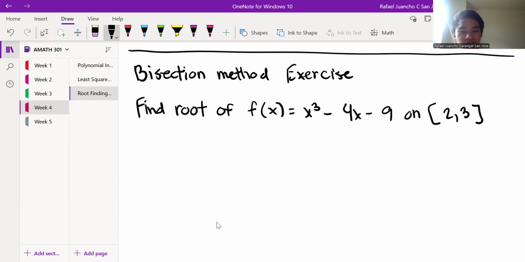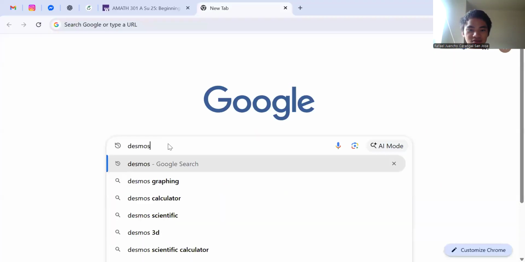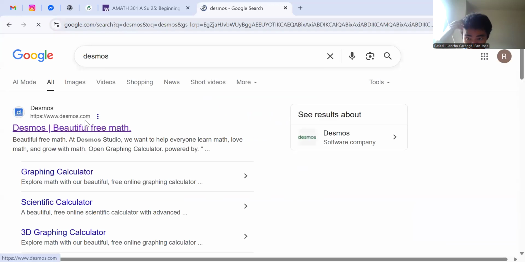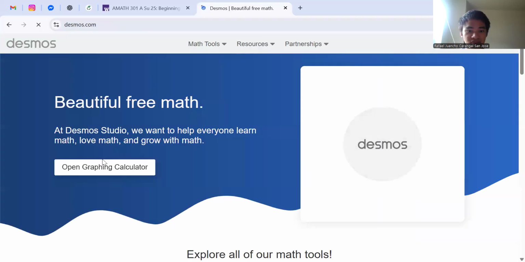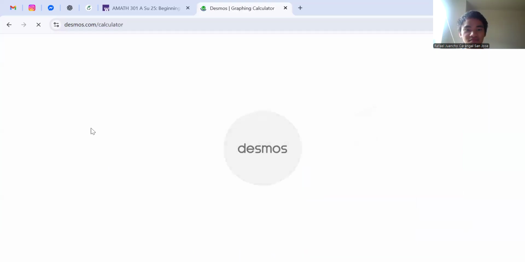So one way we can do this is through intuition. I'm going to share my screen, go to Desmos and find the roots myself, specifically in that interval.